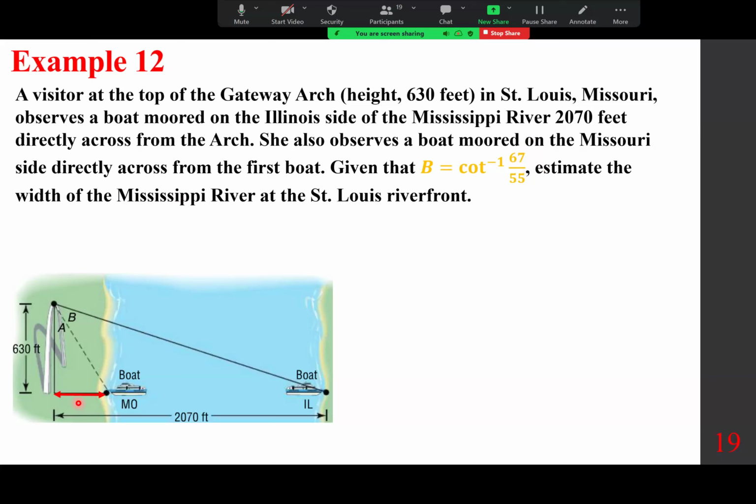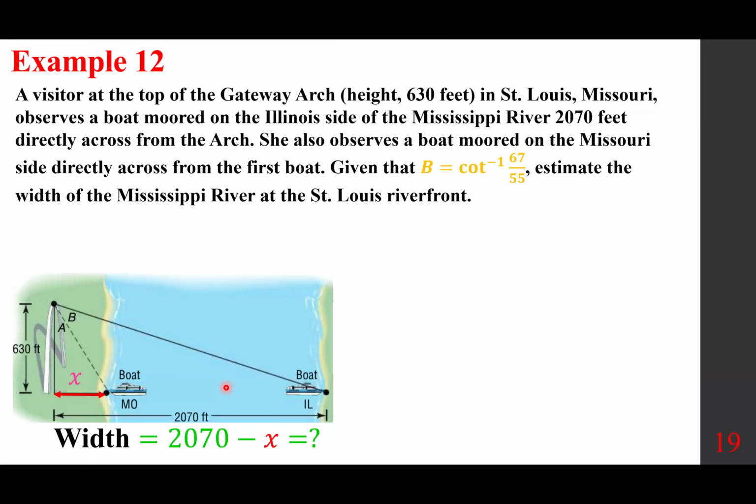This distance, we're going to call it x. The distance that we are looking for, the width, is 2070 minus x. So first, understanding what we are looking for. So now we are going through the process of finding x, subtracting it from 2070.